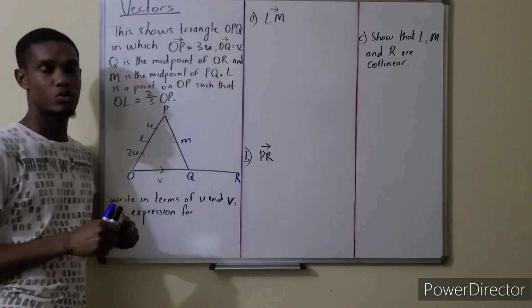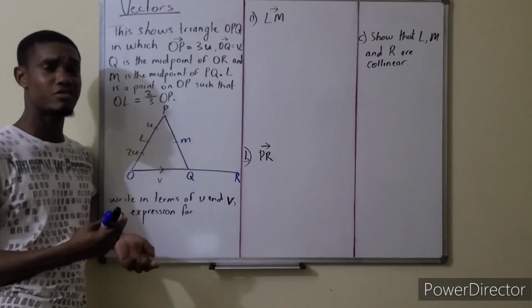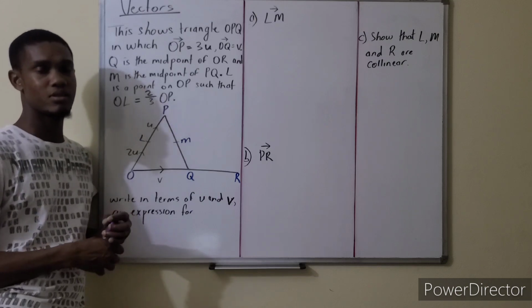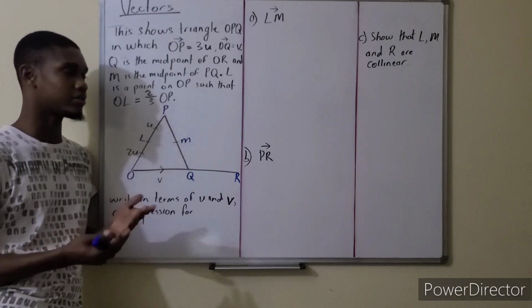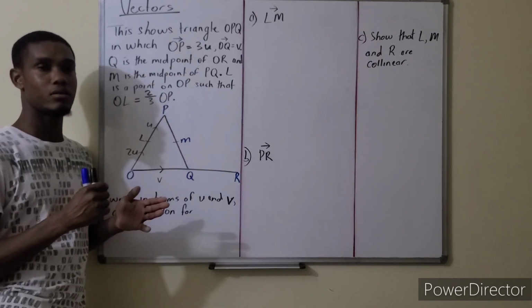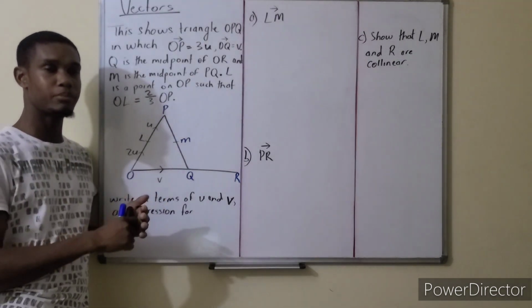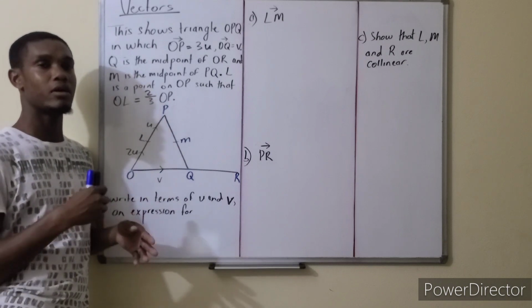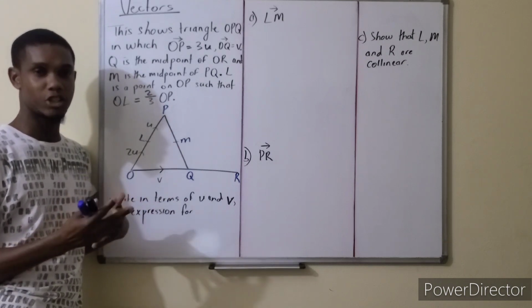For this video, we'll be going through some parts of vectors. Vectors is a very lengthy concept, but the basics of vectors is just the distance between a starting point and an ending point, whereby you follow directions.